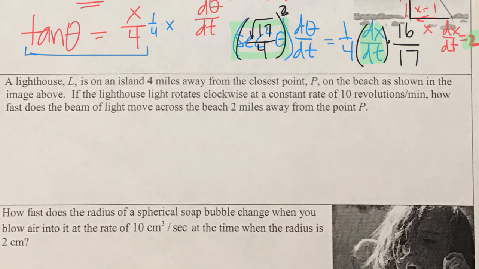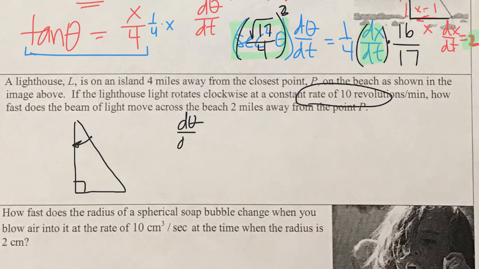Okay, so this is also another one where we have this angle that's rotating. Basically the same picture, but now we know that it rotates really, really fast, right? A constant rate of 10 revolutions per minute. So d theta/dt, if the lighthouse rotates clockwise, that's the change in our angle, 10 revolutions per minute, and 1 revolution is 2 pi.